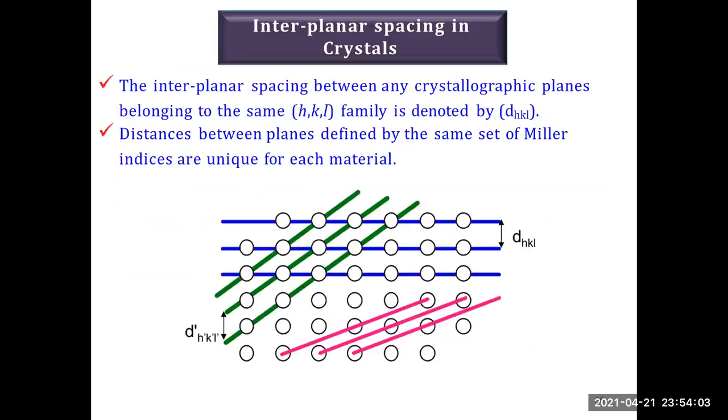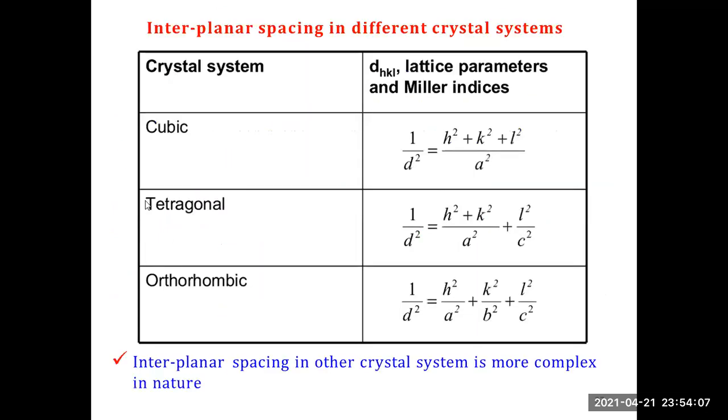In the previous case, we discussed the interplanar spacing for a cubic crystal, for tetragonal, and just now the general case of the orthorhombic. The orthorhombic crystal system has 1 by d square equal to h square by a square plus k square by b square plus l square by c square.